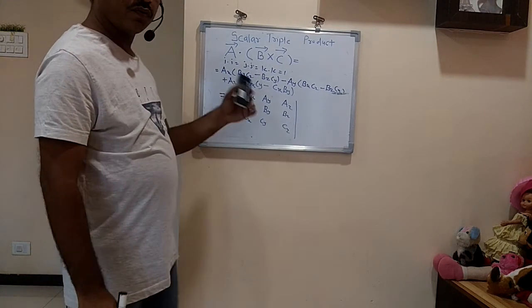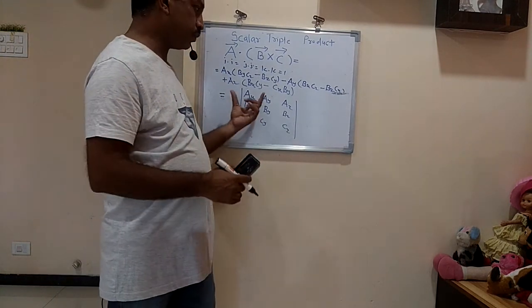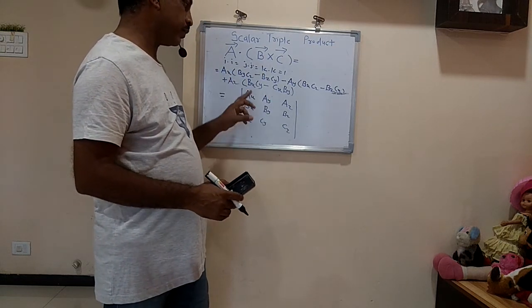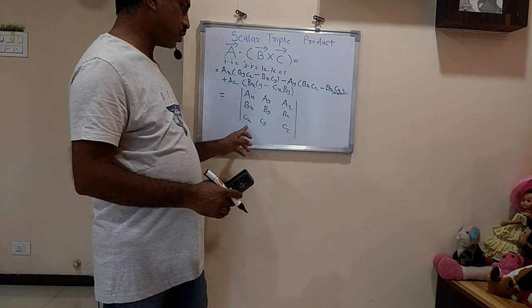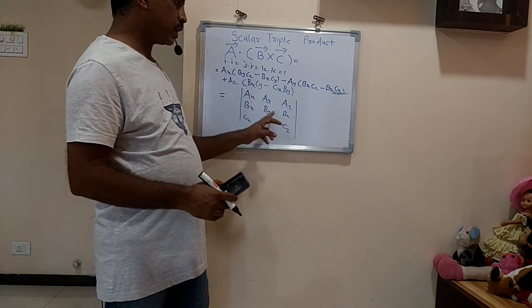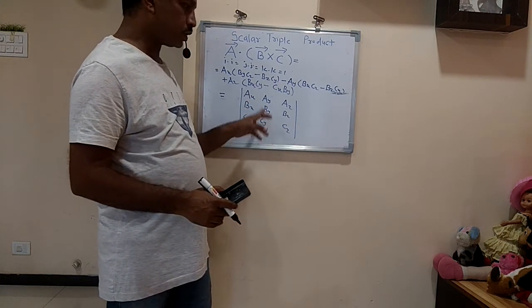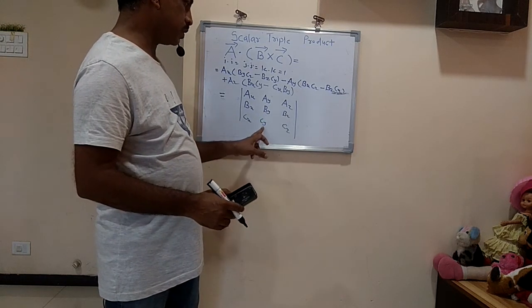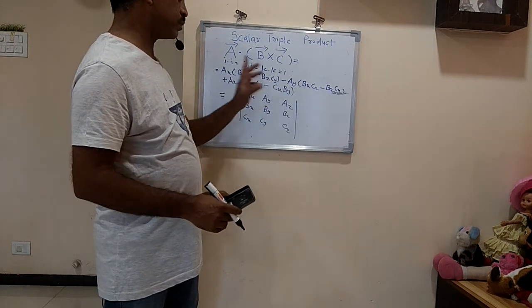How does this come? We can simply solve it. For ax, don't consider the terms below it, and take the cross multiplication of the other four terms: by cz minus bz cy. This is the first term.